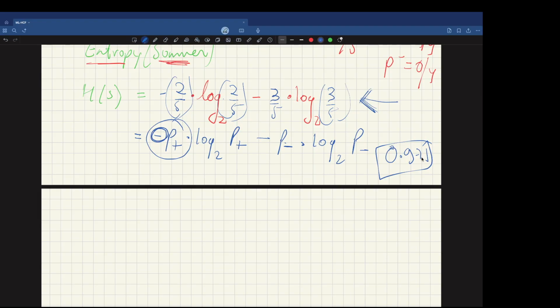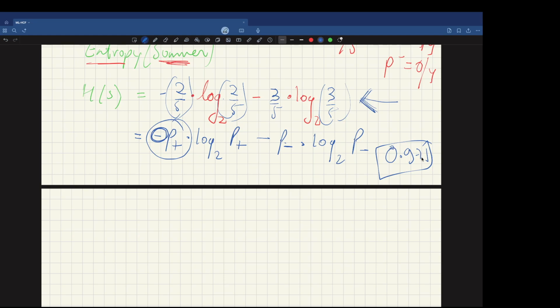Cross verification. Same. Okay. Is there anybody else calculating the answer?